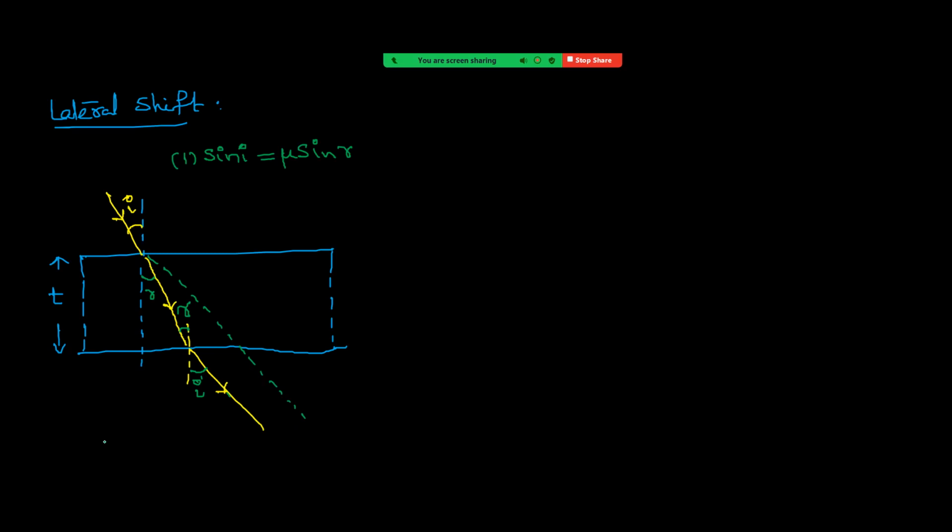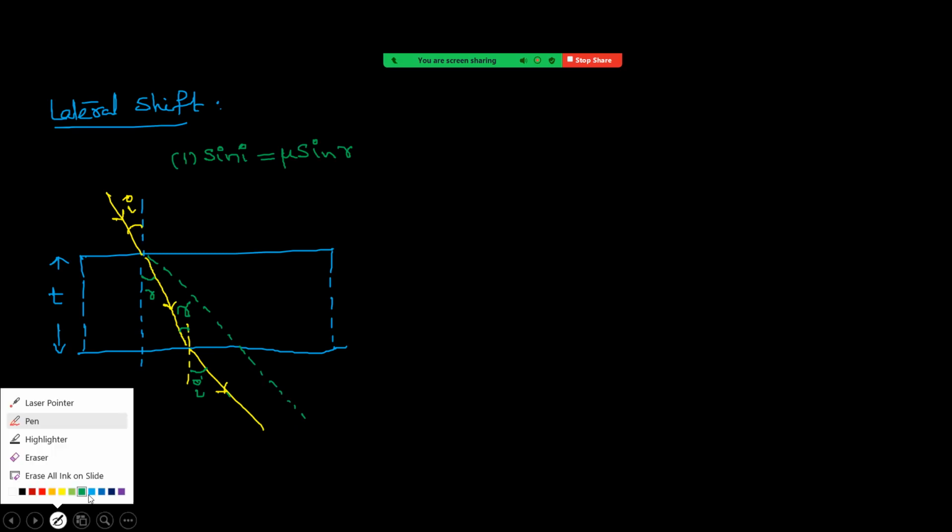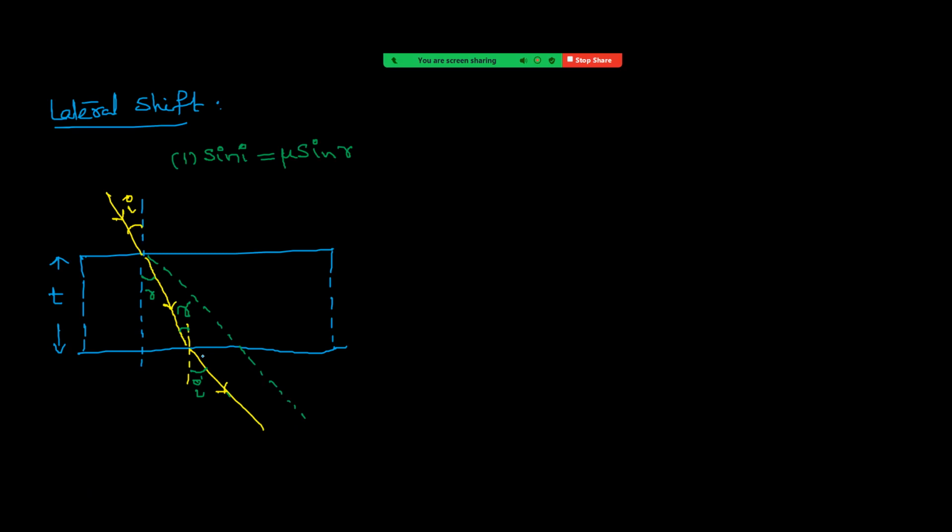And you can observe here, if I draw a normal from this point to the incident ray, let me take this as point A, this is B, C, and D. In this, CD is known as the lateral shift.